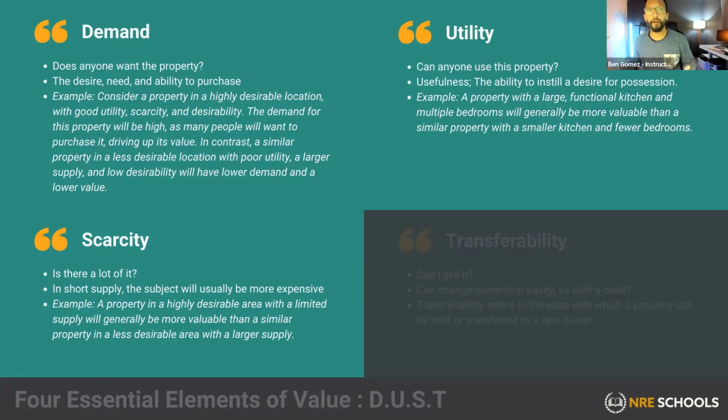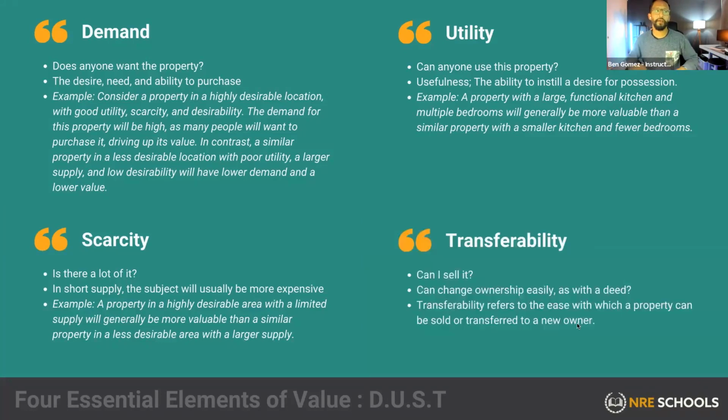Even though interest rates are higher than they were 2-3 years ago, it does not matter. People still need housing. And then the last one is transferability. Can I sell it? Can I transfer ownership easily with a deed? And these all are attributes and elements that help determine value of a property: the demand, the utility, the scarcity, transferability.